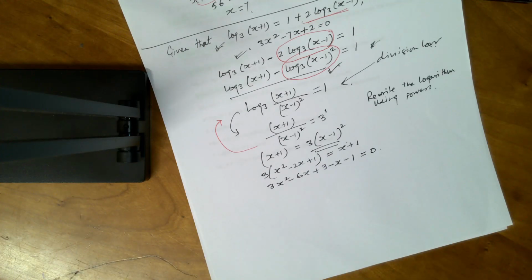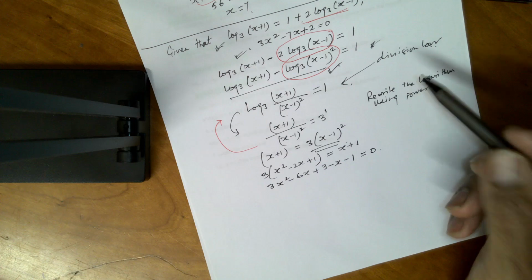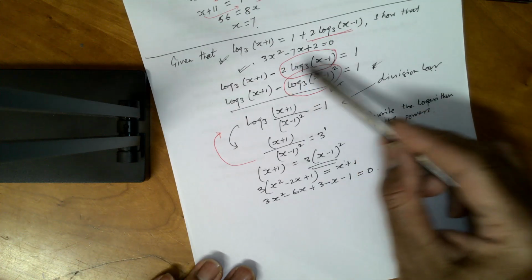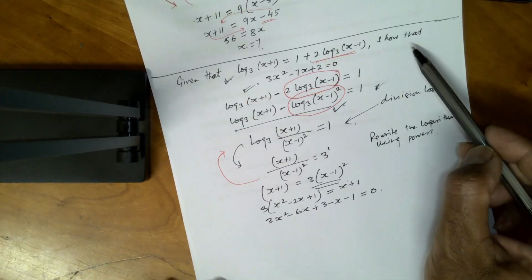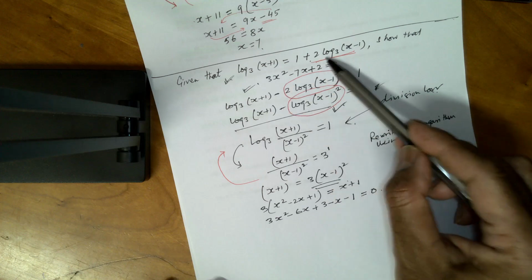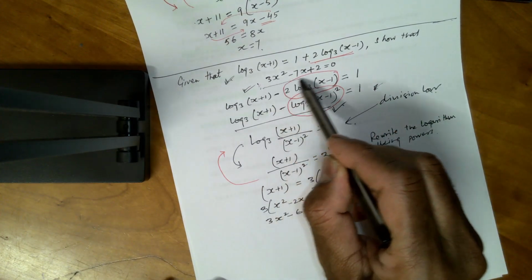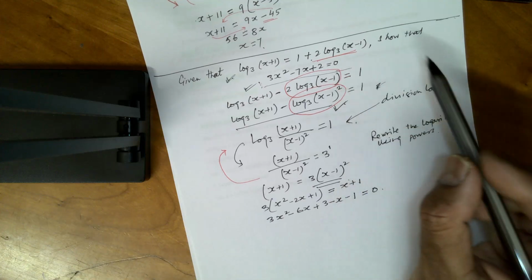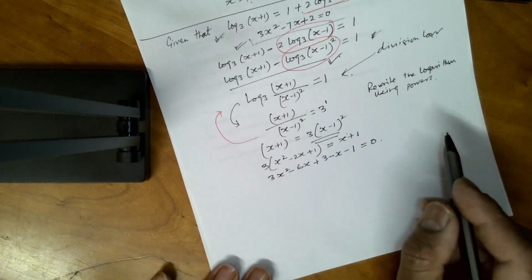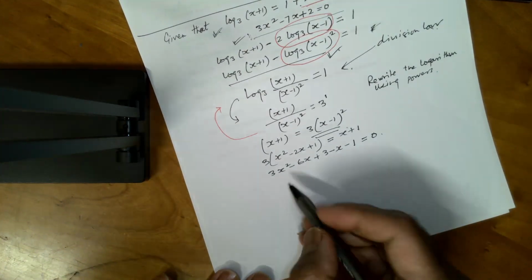So you see that what's been asked, we're getting very close to that. They say that given this, show that this is equal to 3x squared minus 7x plus 2 equal to 0. So let's do this one.